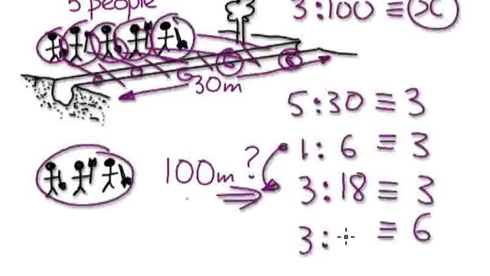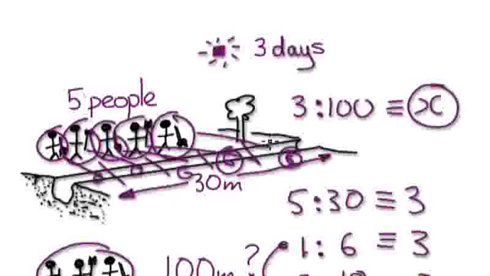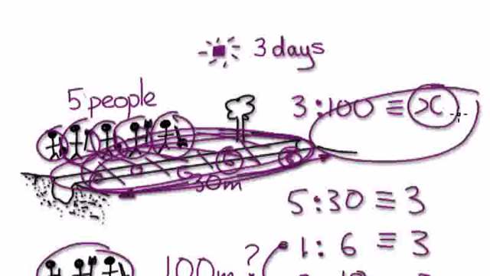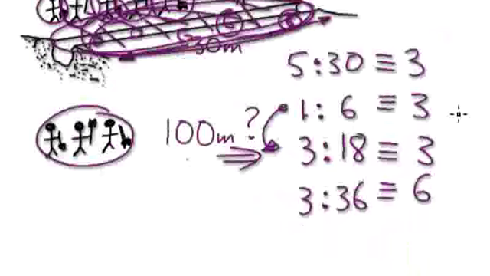Okay, so 36. Because if you think about it, if it takes 3 days to dig this length here, then if you double it to 6 days, then you're going to cover twice the length. Remember, 3 days for this length, so you require 6 days to dig twice the length. Okay, so hang on.